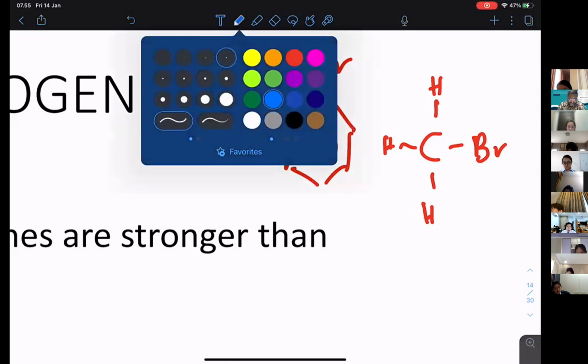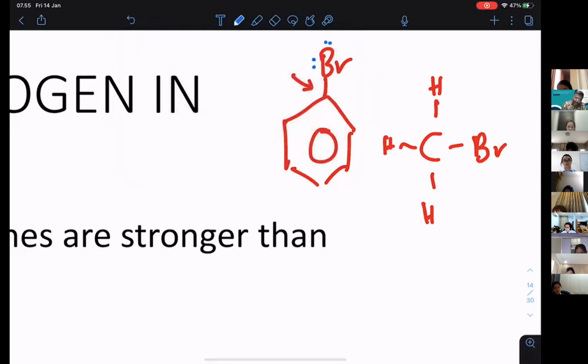This is explained by the lone pair of electrons in the halogen. They overlap slightly with the benzene ring.